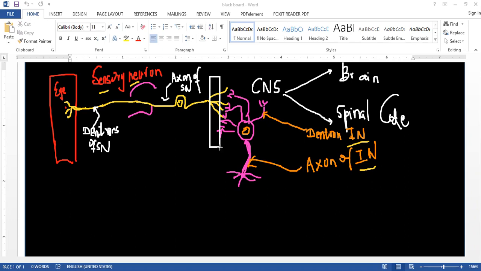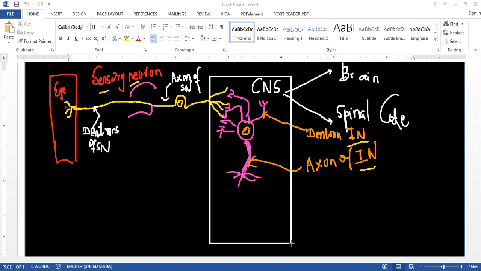Now I'm going to draw this one. This is the cell body of this motor neuron. Motor neuron and motor neuron cell body. This is the axon which is connected.